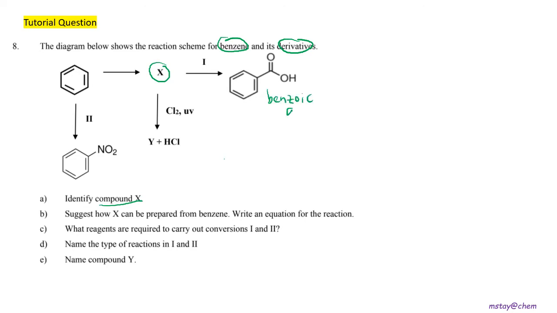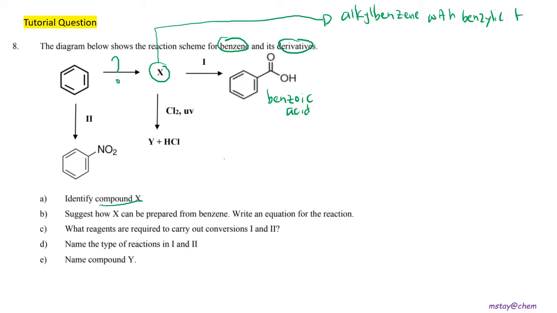We know that benzoic acid can be produced from the oxidation of alkylbenzene with benzylic hydrogen. Since they didn't give us the reagent, we can consider that it will produce the simplest alkylbenzene, so compound X can be methylbenzene.